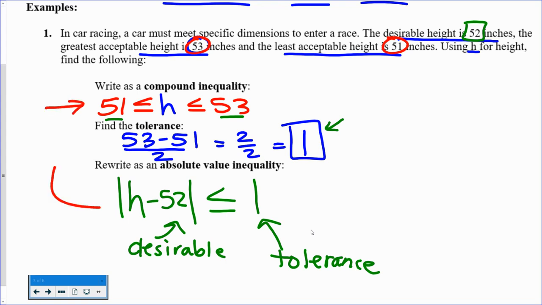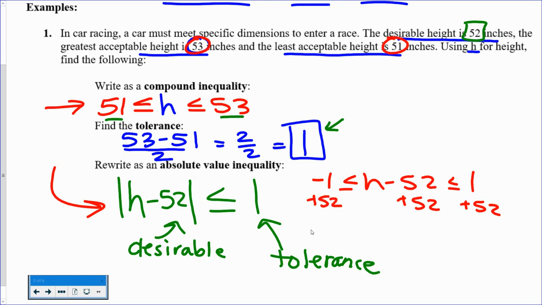Up here is the solution to this inequality. Okay, if you remember, we did problems like this. We did h minus 52 less than or equal to 1, but greater than or equal to -1. And if I were to solve that and add 52, I'll get my 51 less than or equal to h less than or equal to 53, which is what I have above.